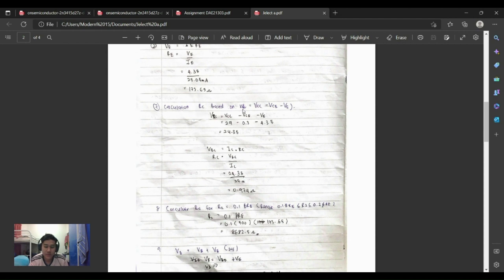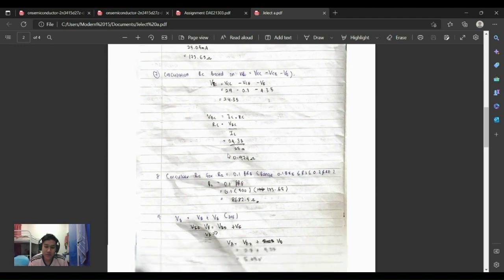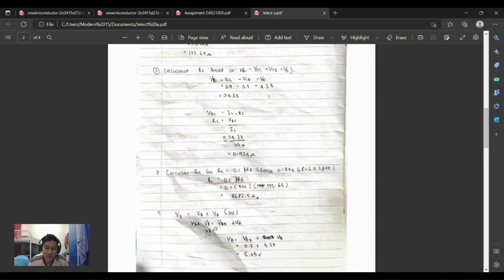So for IB, we should calculate it first. First of all, we search the value of IB. Use the formula beta equal to IC over IB, so IB equal to IC over beta. So IC 25 milliampere, beta from the table is 500.